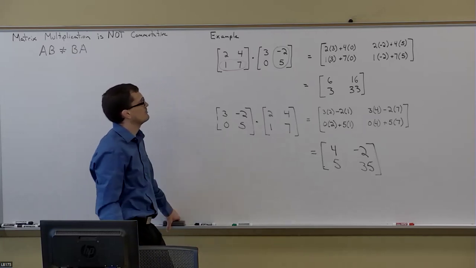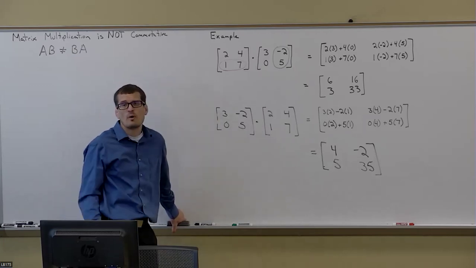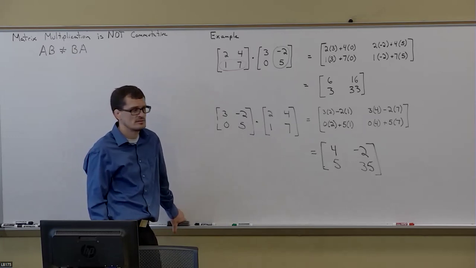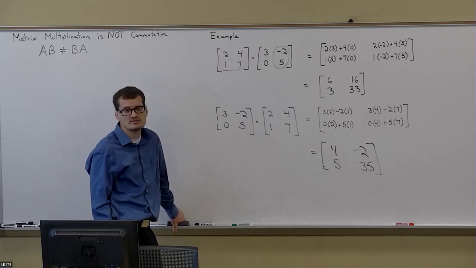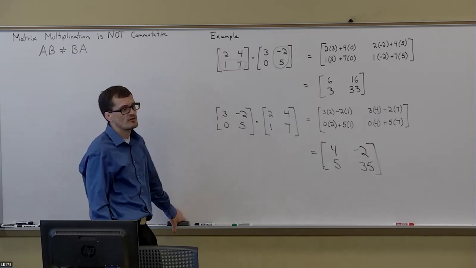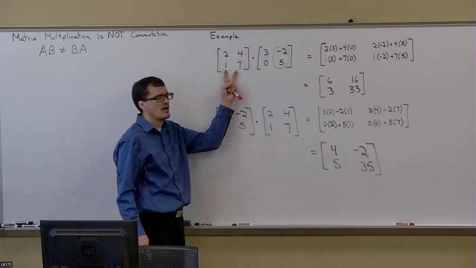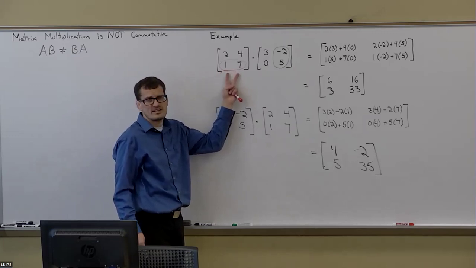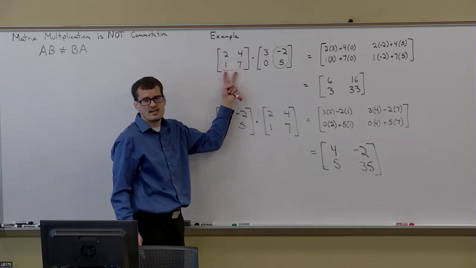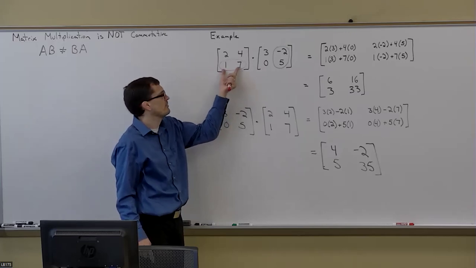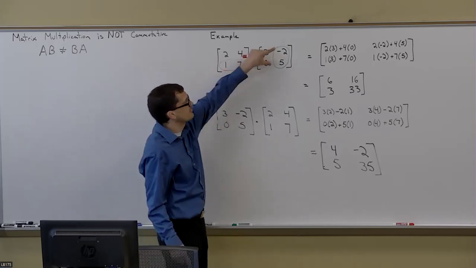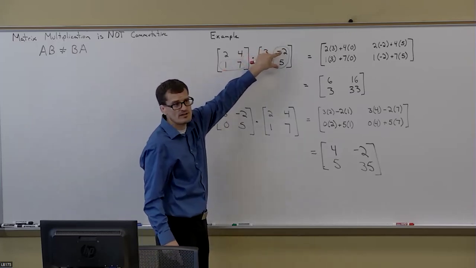Now, I know I use these examples where we had 2 by 2 matrices in both cases. However, notice that really when we needed to multiply, what we need is the number of entries in the row to match the number of entries in the column over here.